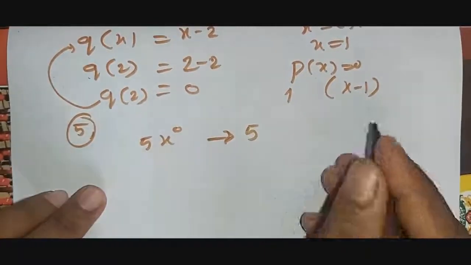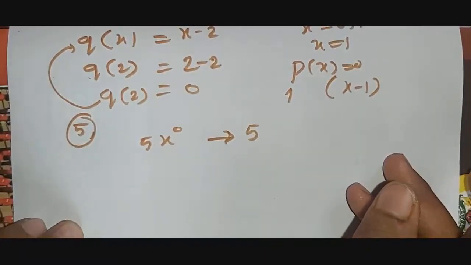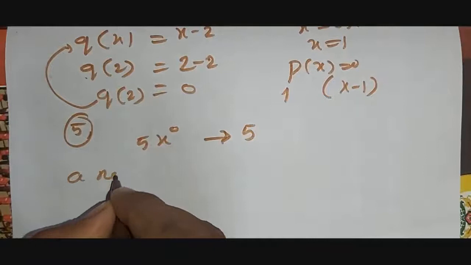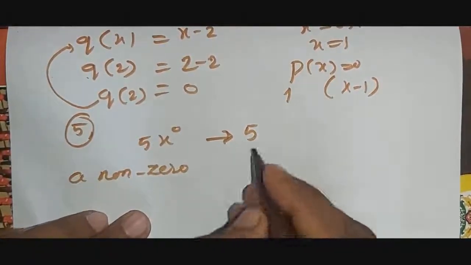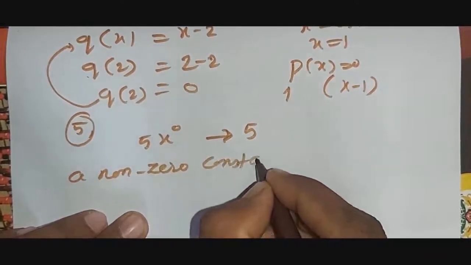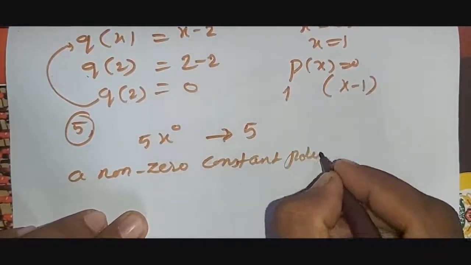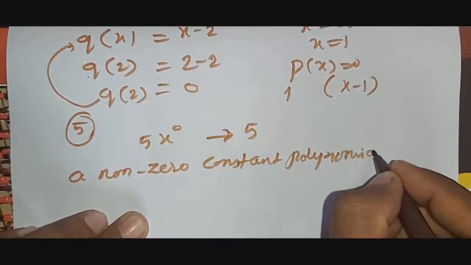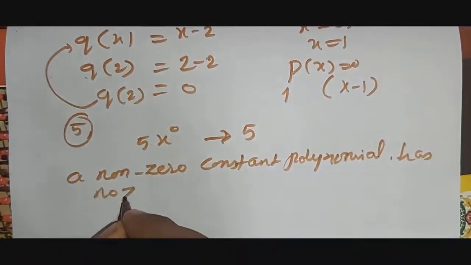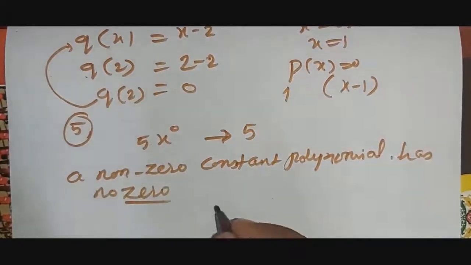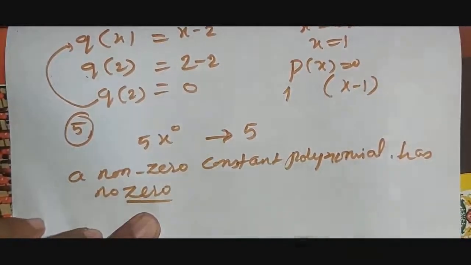In fact, a non-zero constant polynomial has no 0. What about the zeros of the 0 polynomial?